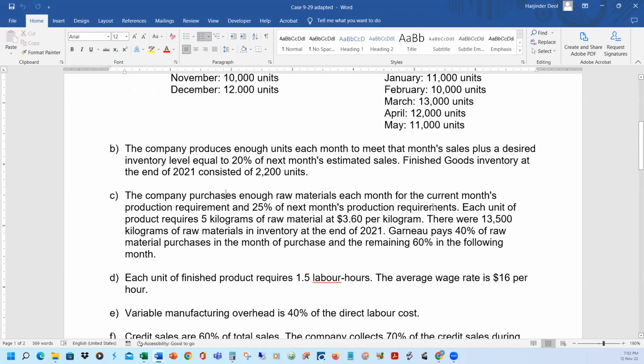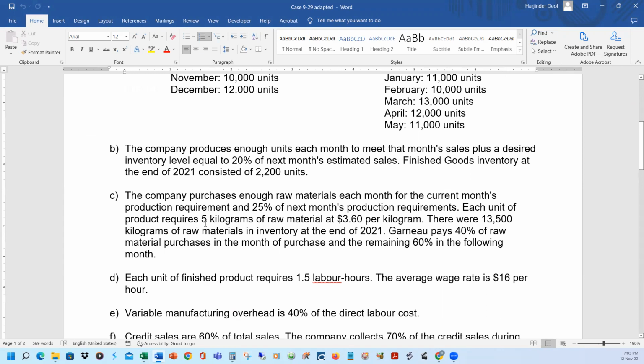This is again another example of the company willing to maintain a safety stock and not run out of important raw materials. Each unit of the product, though, requires 5 kilograms of raw material at $3.60 per kilogram. The $3.60 will come in handy when we calculate what the cost of the raw materials would be.